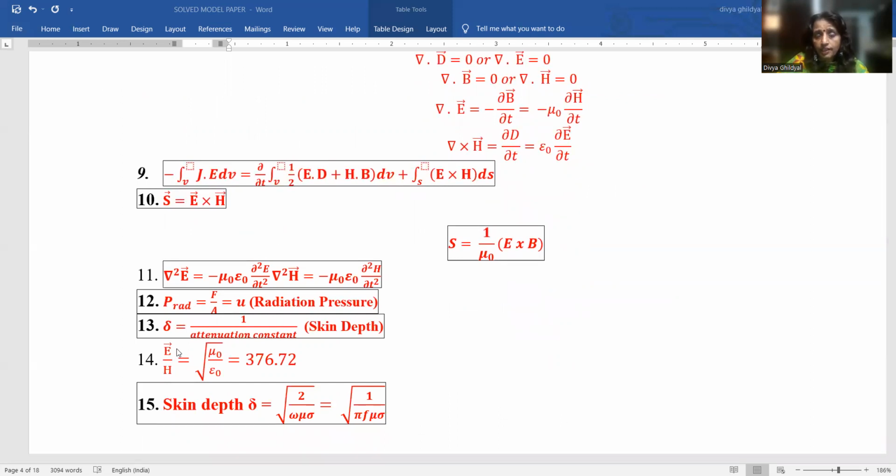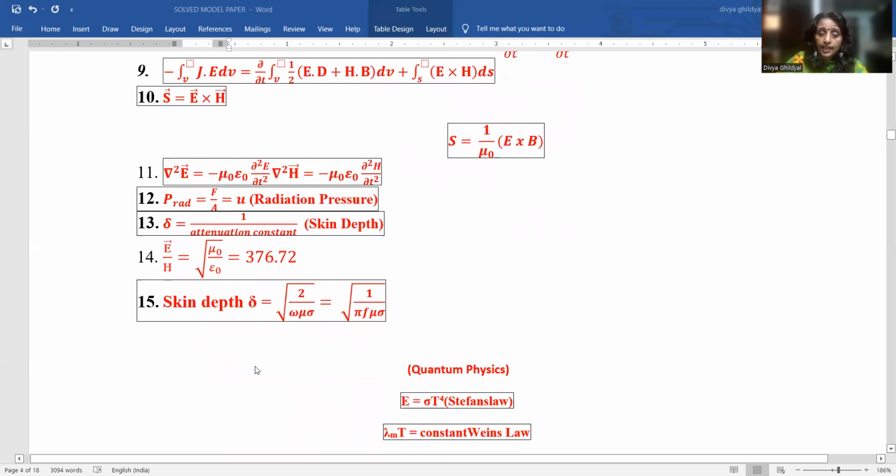Electric field E upon H is equal to under root mu naught by epsilon naught, which is approximately 377. Skin depth del is equal to under root 2 upon omega mu sigma, where omega is angular frequency, mu is a constant, and sigma is the conductivity.